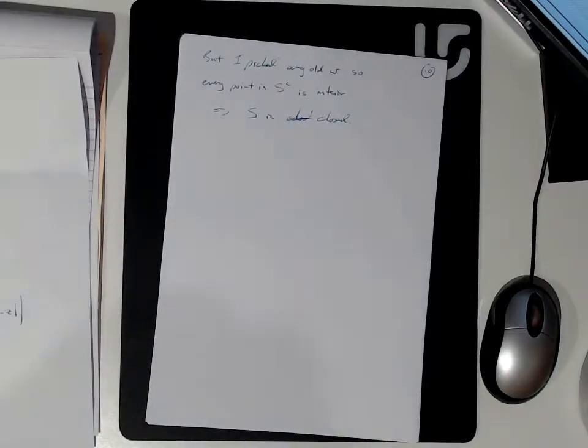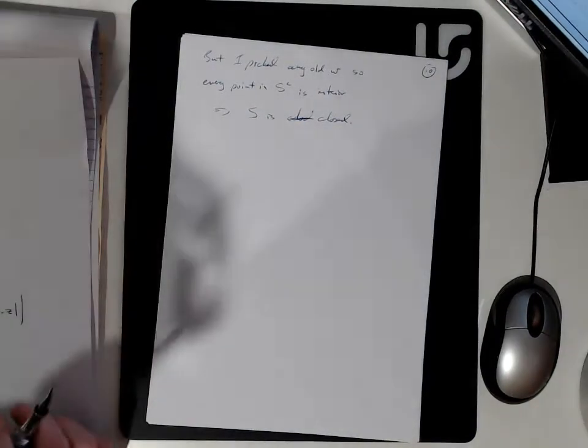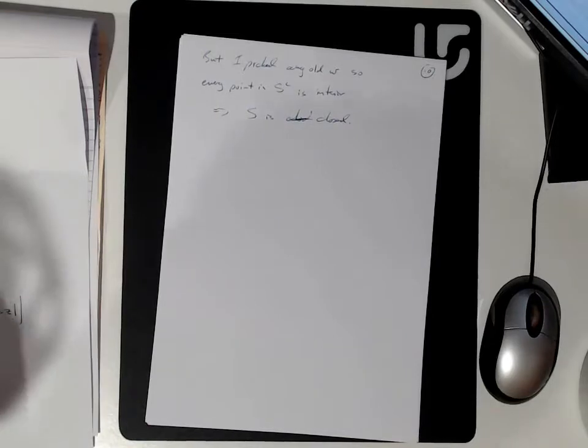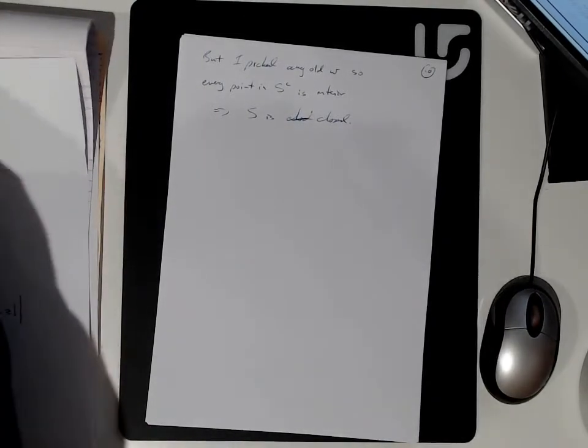So it's not open and it's closed. There can be things that are not open and not closed as well. I'll show you some examples.